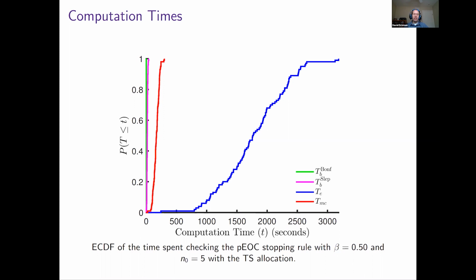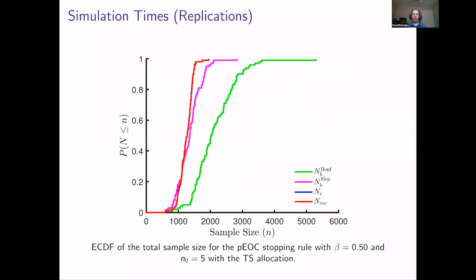And so we're seeing here for this k equals 100 example about 3 to 5 minutes spent checking the stopping rule, which you think is a worthwhile investment considering you're saving something on the order of either a couple hundred or 1,000 simulation replications. So these should be compared against the time it takes to compute a simulation replication.